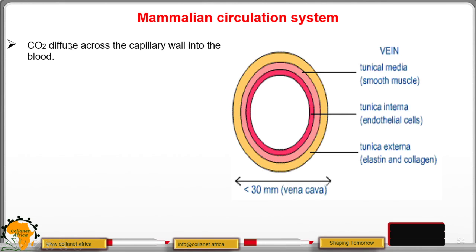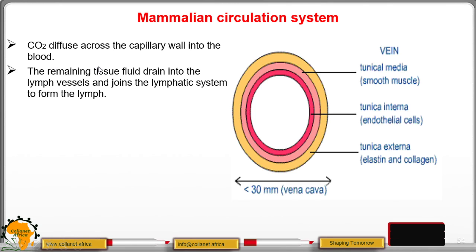That means carbon dioxide diffuses across the capillary walls into the blood. The remaining tissue fluid drains into the lymph vessels and joins the lymphatic system to form the lymph.